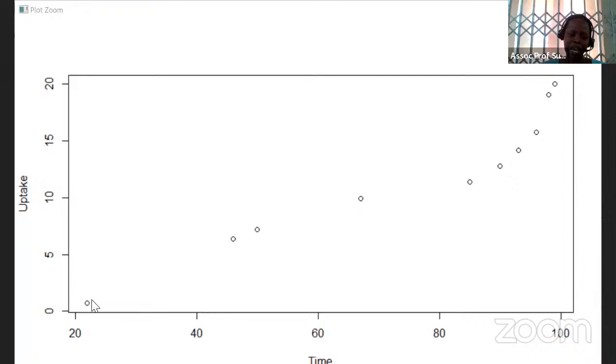There's this group here and there's this group here. If we fit a line across, we'll see that the line will not touch most of the points. So we want to take care of these differences in the two groups. That's why we are introducing the dummy variable, to see whether we need one line to go through or we need more than one line. Okay, let me share the script.